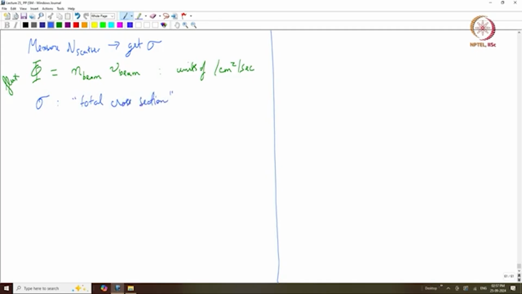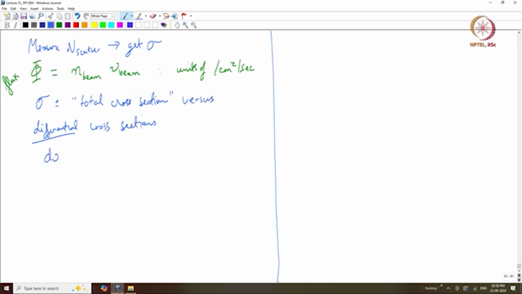Okay. So what is it a total of, you might ask? The notion of total comes when you can think of differential cross sections. What do I mean by that? For example, this must be contrasted with differential cross sections.